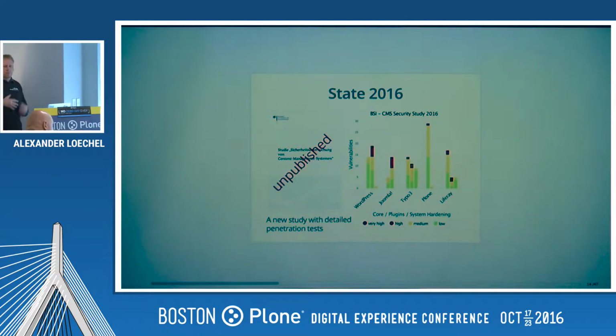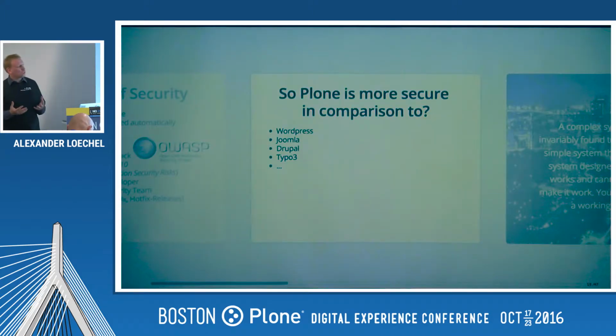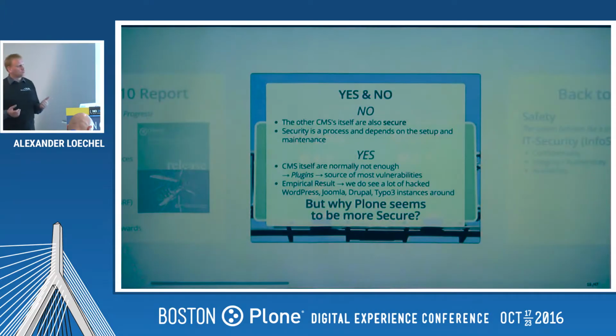But the systems beside, so what, they took another look. What do the systems do to make your system or your installation secure? So there's the question, is Plone more secure in comparison to those other systems? So WordPress, Joomla, Drupal, Typo 3 in comparison? Well, yes and no. No, the other CMS themselves are also pretty secure.